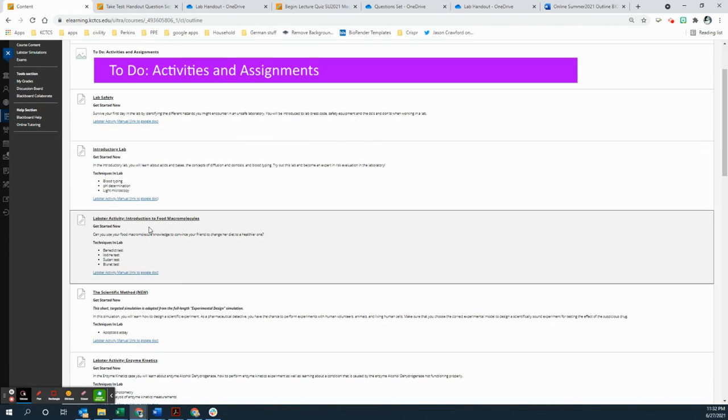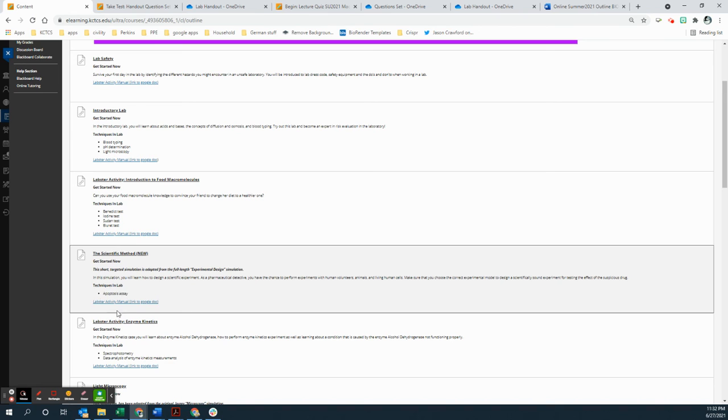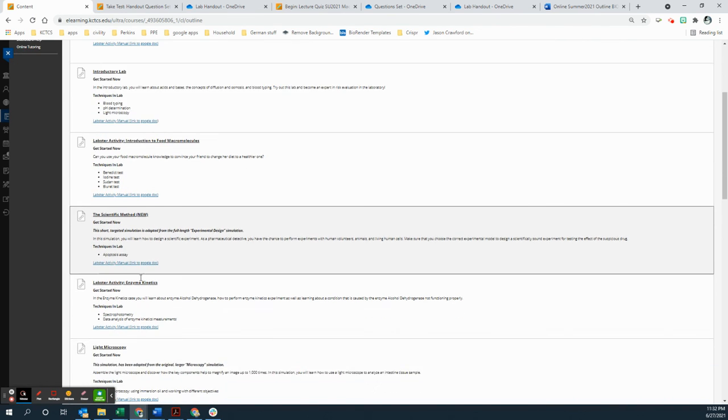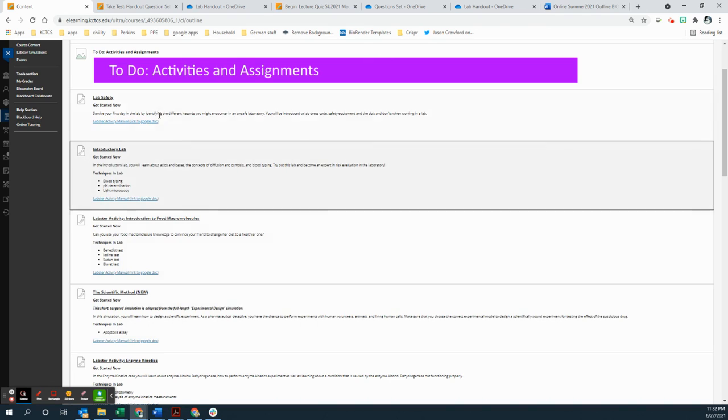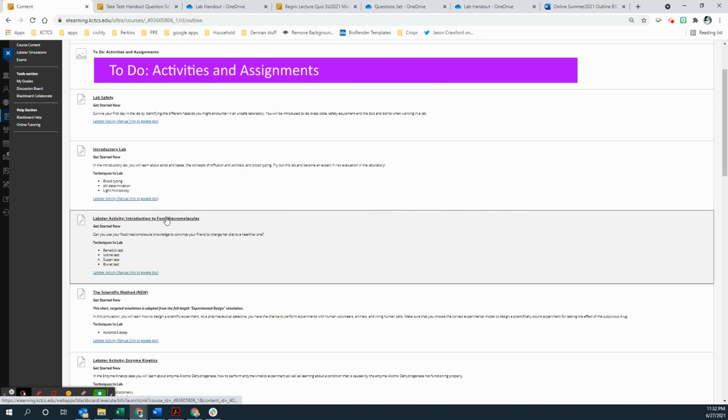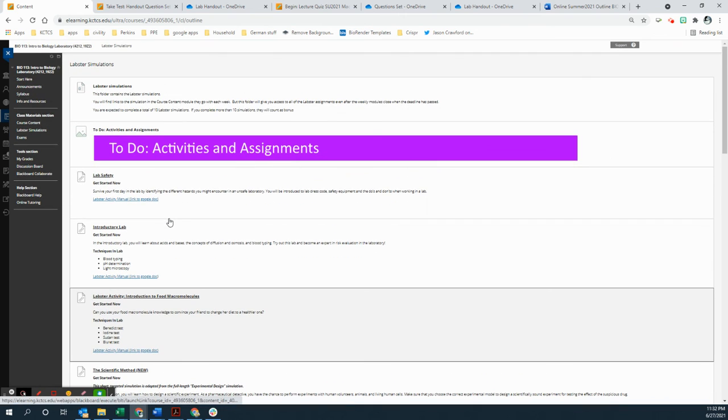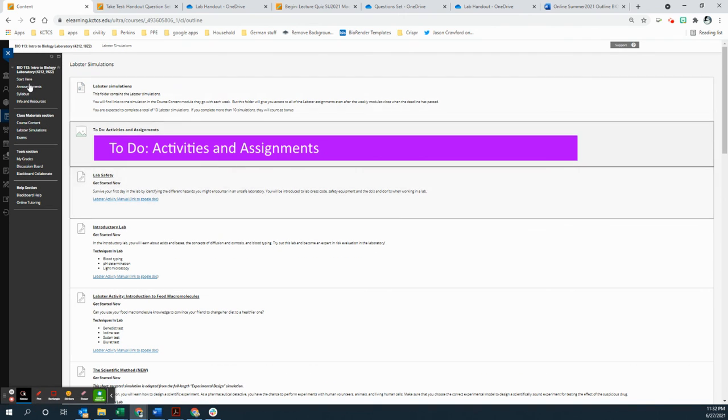And then you've got the introduction to food molecules. If you want to go look at the scientific method already, be my guest. And enzyme kinetics, be my guest too. But like I said, these are your options. Just do 2 out of those. And like I said, anything you do extra is going to be bonus. And that's, I think, it for the macromolecules lab.